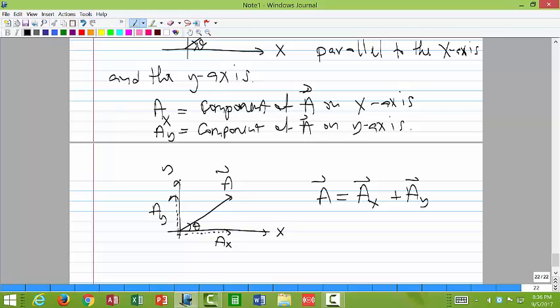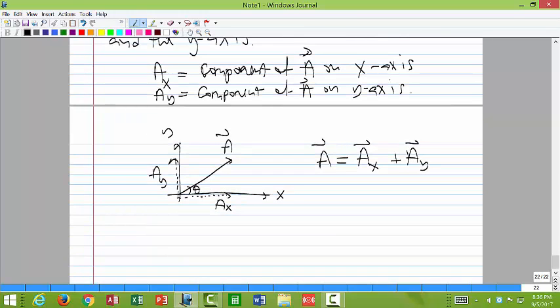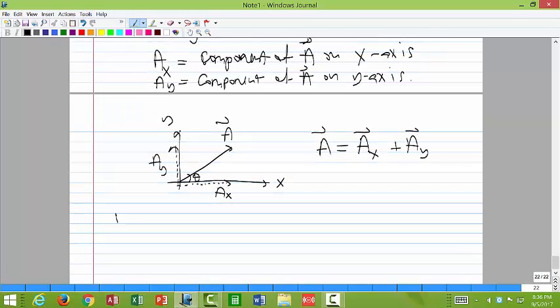Those are the two components of the vector A, Ax and Ay, where Ax is equal to A times cosine theta, and Ay is equal to A times sine theta.